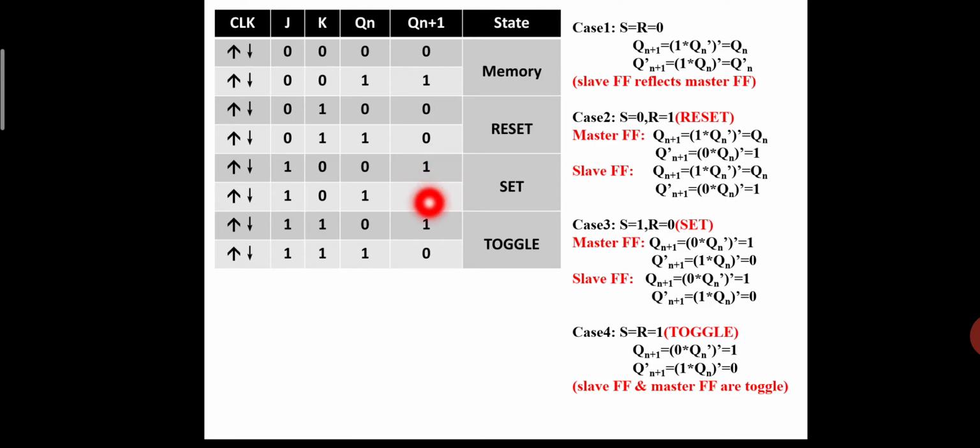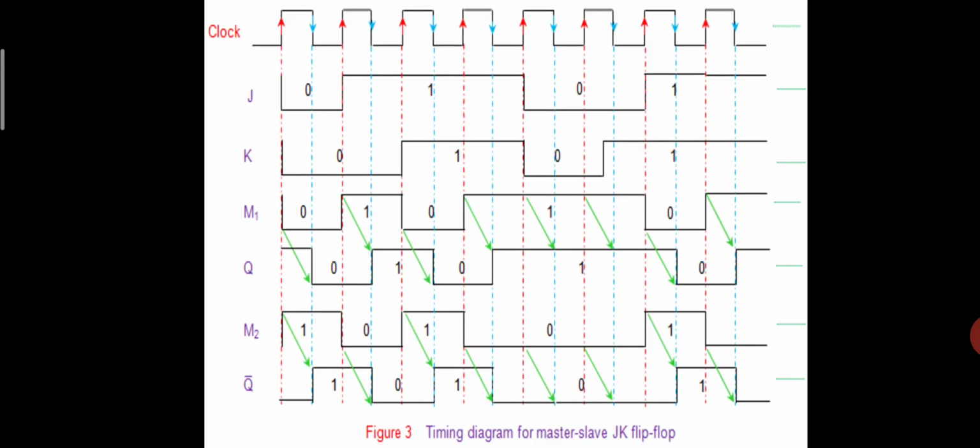And conversely, in the third case, it will use only the set condition. In the toggle state, the slave flip flop and master slave flip flop will have the same output. That is, toggle will happen between master and slave flip flop at the same time.